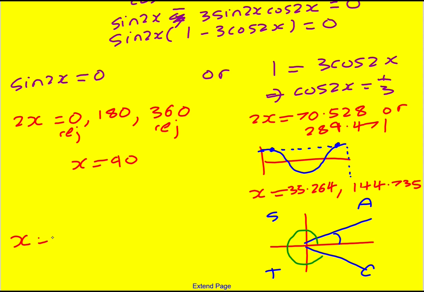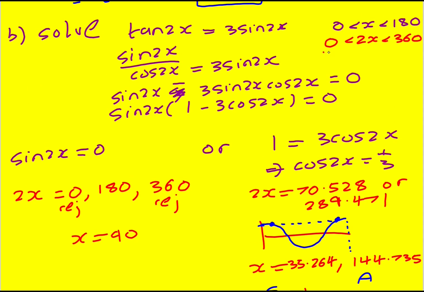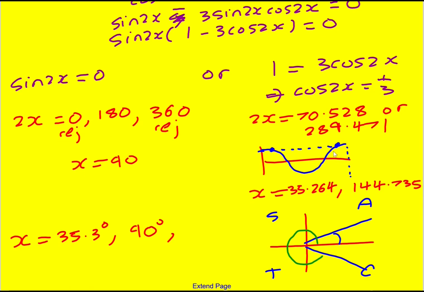Okay, so finally x is 35.3 degrees, 90 degrees. By the way, there was nothing else in the range here. I was only going up to 360, remember, for 2x. I didn't need to consider any more.